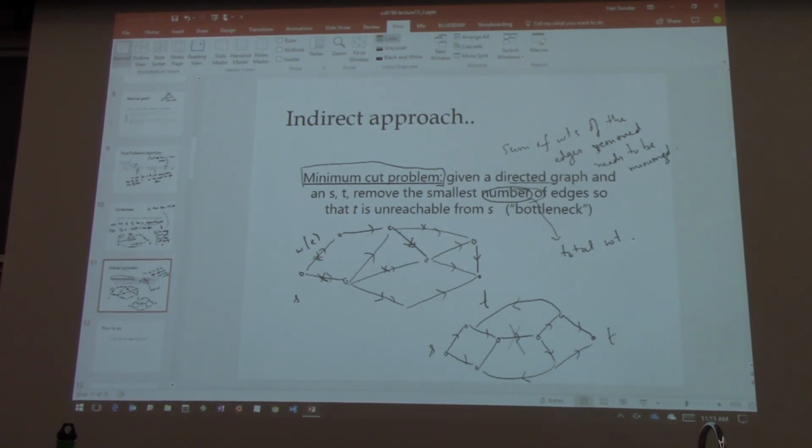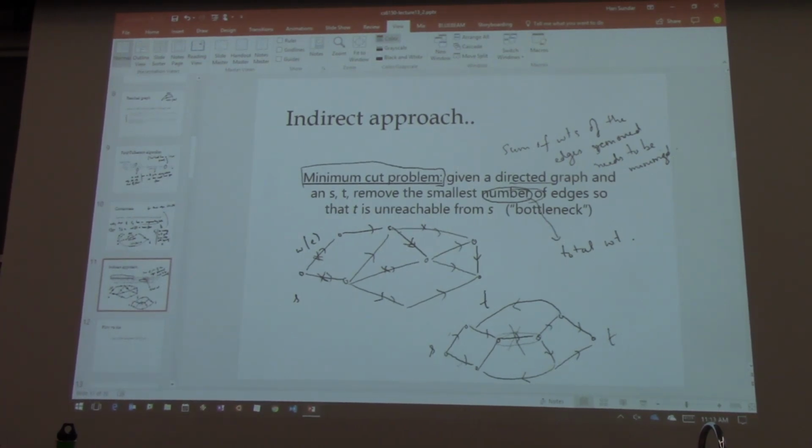That's part of the objective. So in this case, for instance, maybe this edge had a really large weight, then it might actually be better to remove this and this, if this had much larger weight than these two. So this is the statement of the problem.